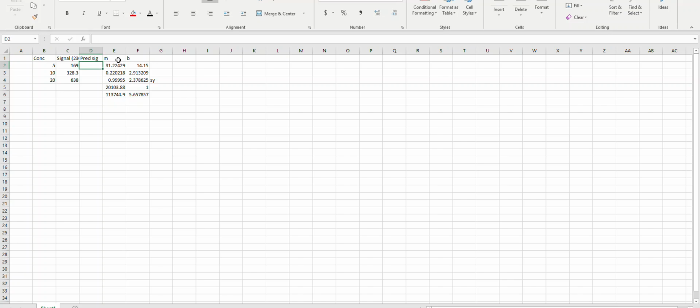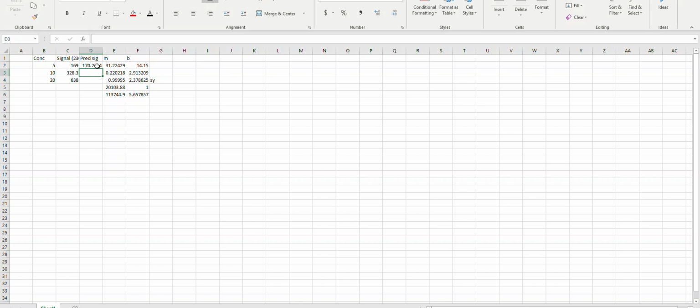This predicted Y value is going to be equal to M, and we're going to push F4 times X plus B, and we'll push F4 on B as well. That simply inserts dollar signs and makes those absolute references.